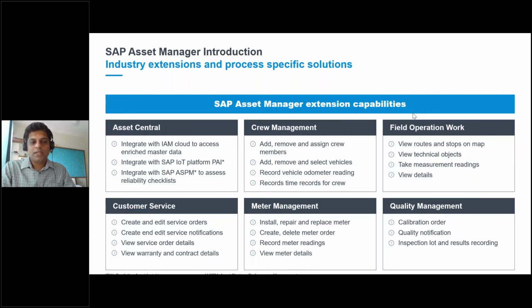For the service industry, Customer Service is a dedicated module, and for utility, power or gas kinds of industry, we have a Meter Management module which supports the related processes. Lastly, Quality Management is another module available to manage the number of inspection processes for production goods.